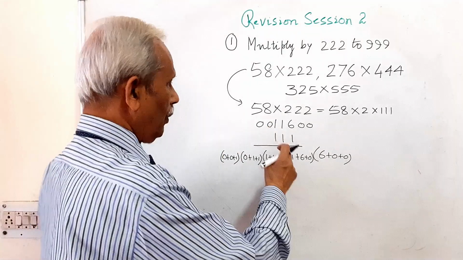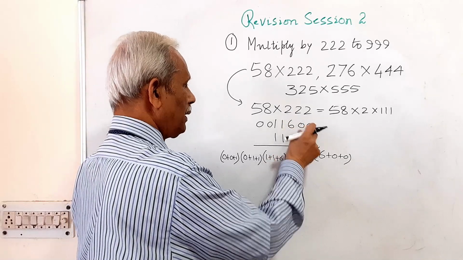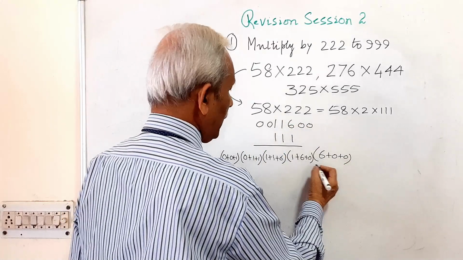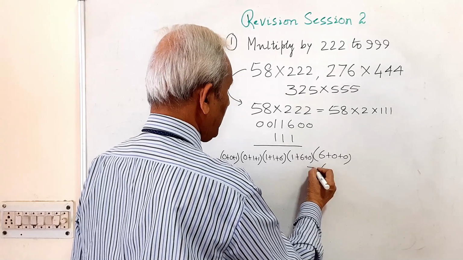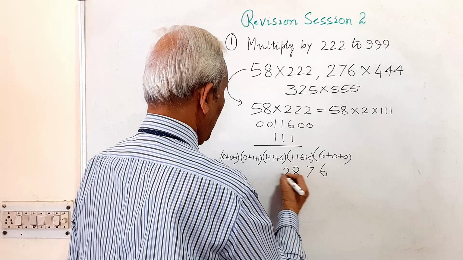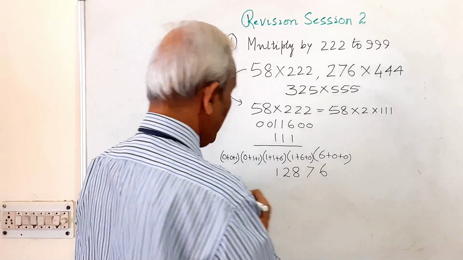All the time we have just added three zeros as the two neighbors. Here it is 6, here it's 7, here it's 8, here it's 2, and here it's 1. So 1, 1, 2, 8, 7, 6.